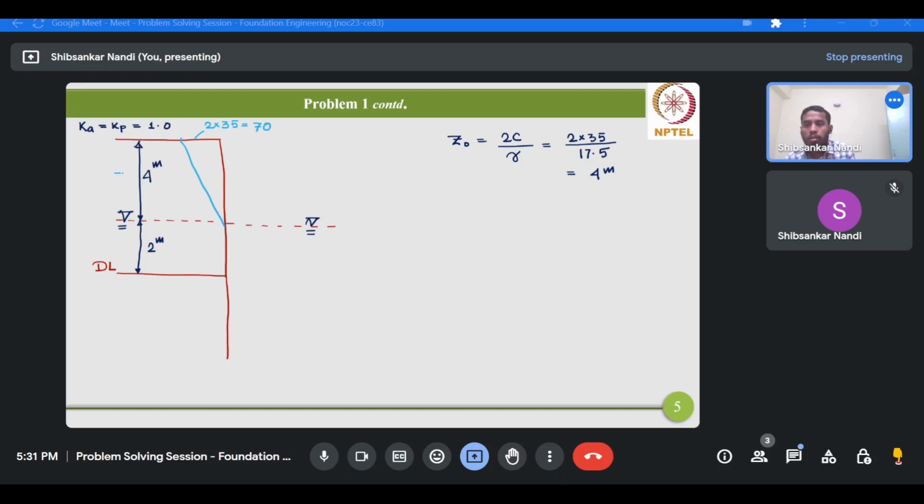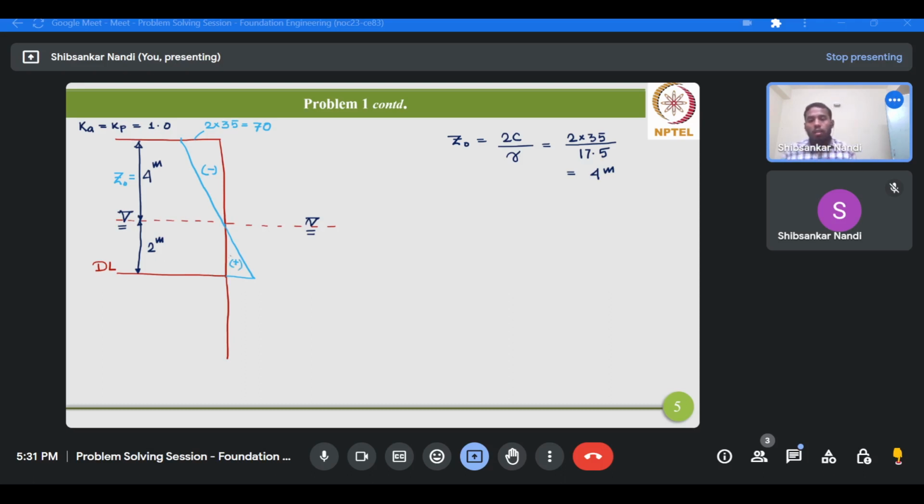So this is again the value for Z0, and then this part is negative, and the distribution below is positive.